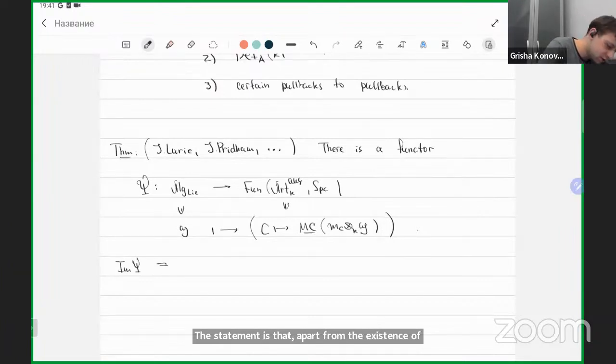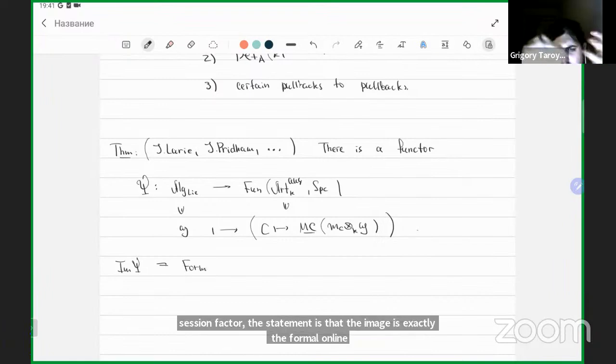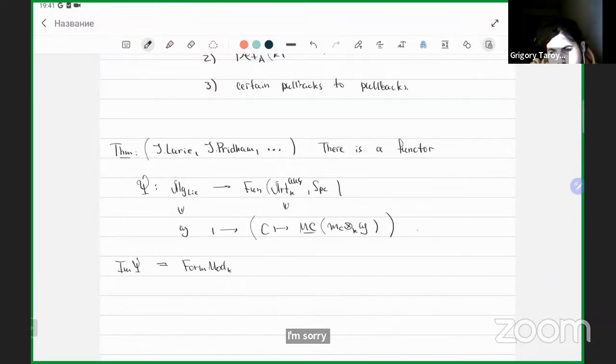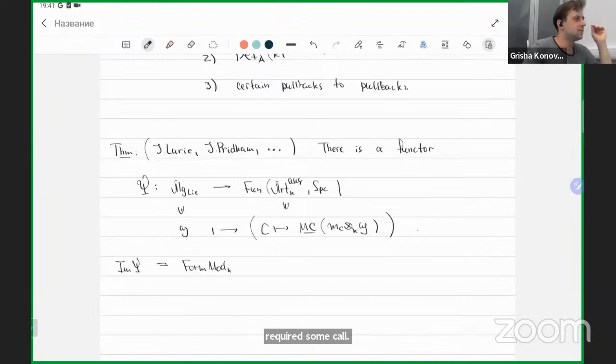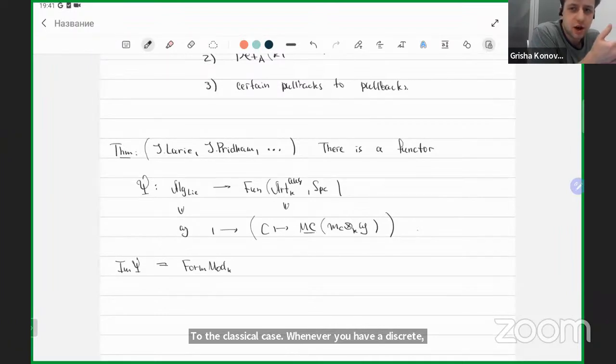I'm sorry, maybe this question is a bit stupid, but why is it an important algebra? I mean, we only required some homological condition on Artinian algebras. Yeah, but it's kind of similar to the classical case. Whenever you have a discrete augmented algebra over a field which is finite dimensional as a vector space, its augmentation ideal happens to be important for dimension reasons.